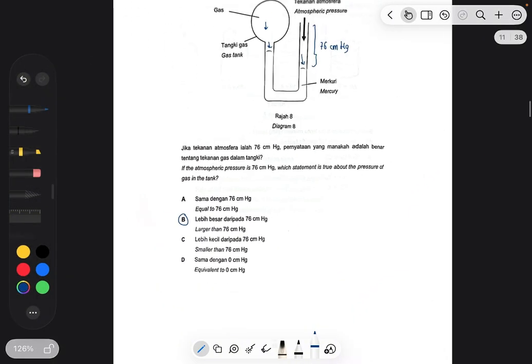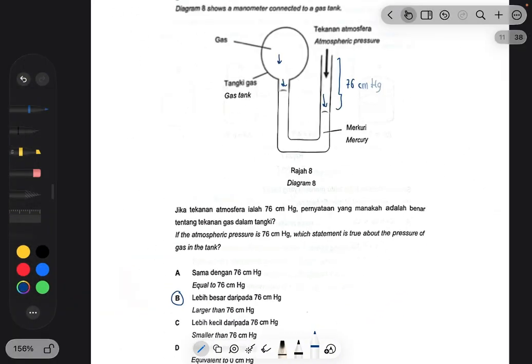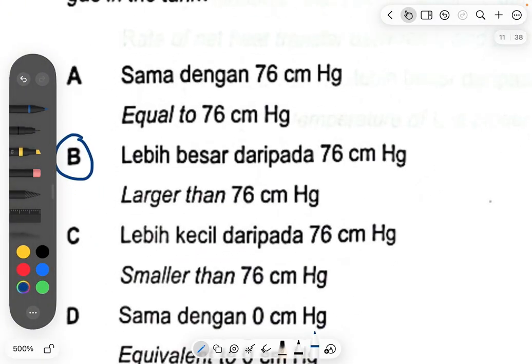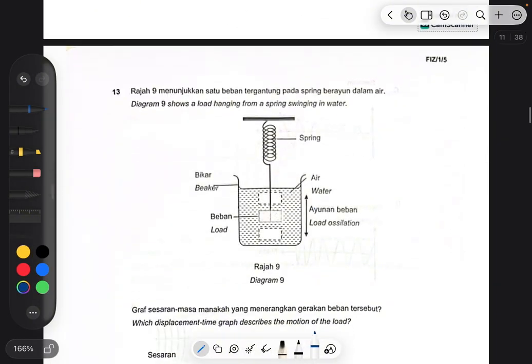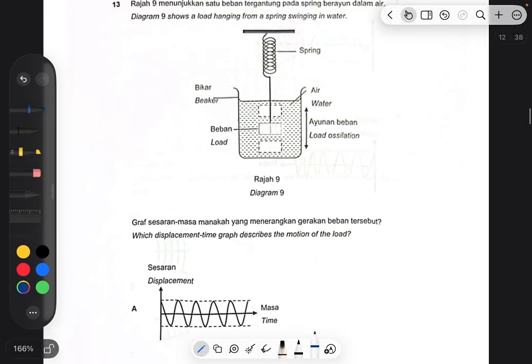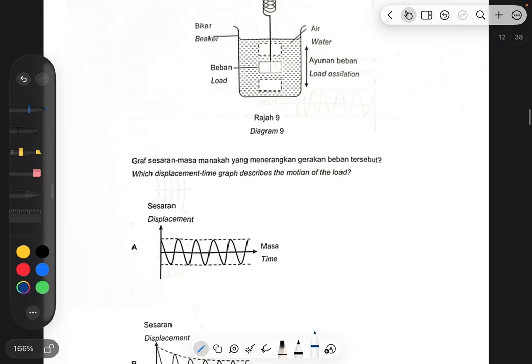Smaller than 76. The answer is A. Sorry, itulah smaller. Smaller than 76. Because I was like, wait, why is the answer C? Yeah, it is C.